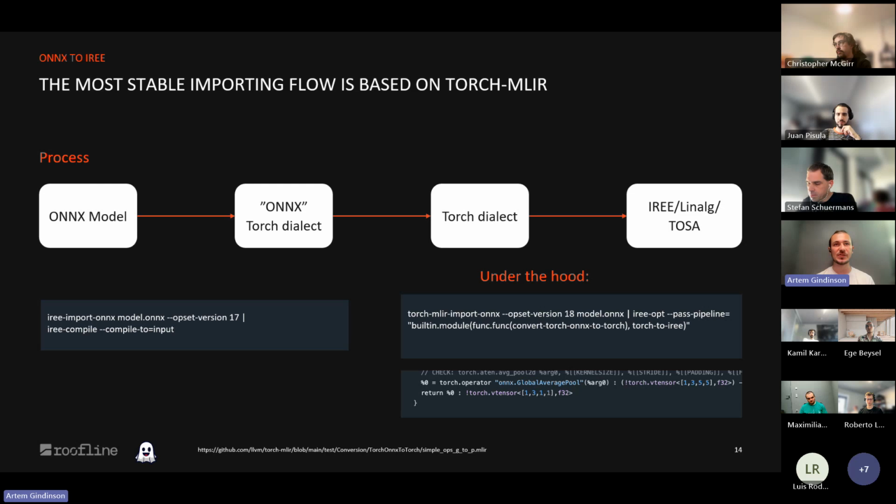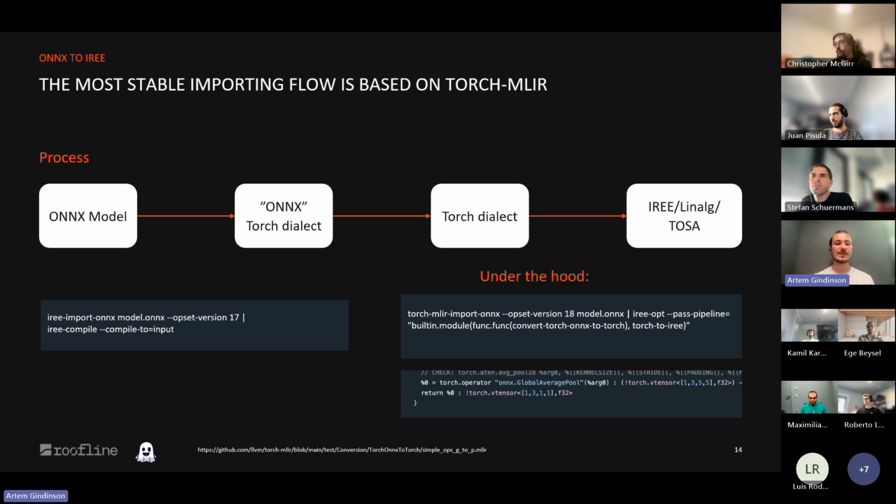Torch MLIR as such is already part of the IREE dependency graph, so not having to rely on any other projects or support something within IREE is definitely a plus when we can basically have 2 for 1, have ONNX along with the Torch flow. And under the hood of IREE, there are basically invocations of Torch MLIR passes that could also be potentially replicated with just standalone Torch MLIR.